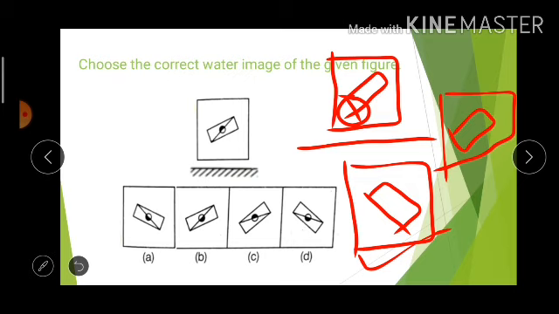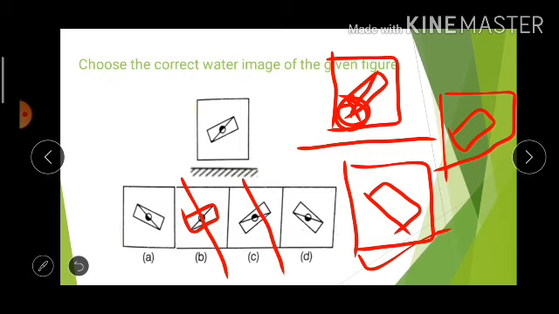In option A, it is okay. Option B, it is inclined the other way. I don't want the box like this. So option C is also eliminated. In option A and option D, the rectangular box is in the right way. Now, in the rectangle box, there is a diagonal. This diagonal is starting from the left hand bottom and going to the right hand top side.